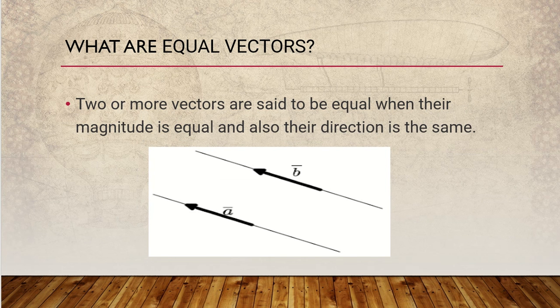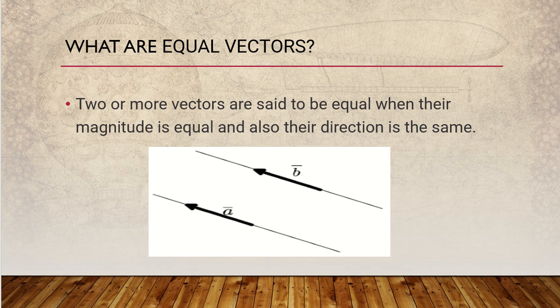The next type of vectors are equal vectors. 2 or more vectors are said to be equal only when their magnitude is equal and also their direction is the same. You can observe in the image there are 2 vectors, A vector and B vector.